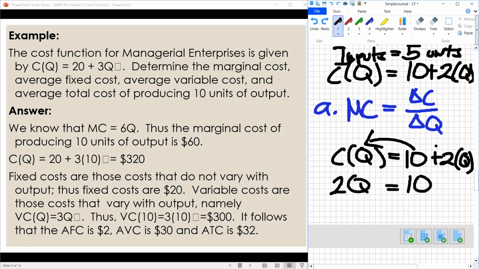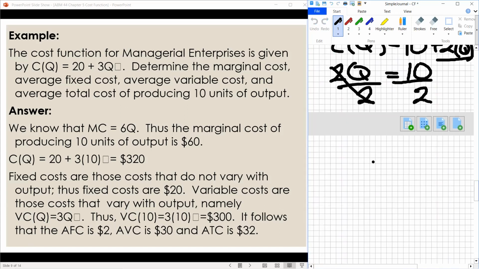So gi-interchange, gibalhin lang sa pikas. So this is as good as 0. The 2Q gibalhin sa pikas and gi-retain ang 10. So you just need to divide both sides by 2 to cancel out the 2. So the answer here is a cost of 5. Okay, $5 ang iyahang cost.